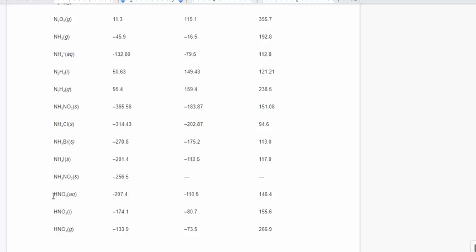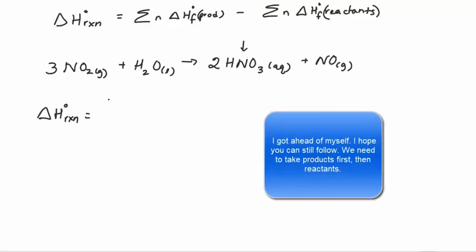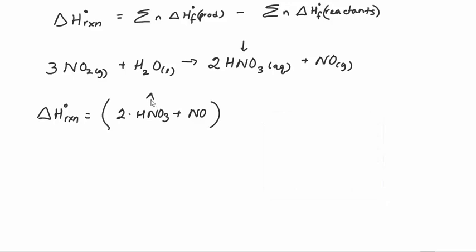The delta H, or the H of formation, which is in the first numerical column on this particular form, is negative 207.4. So what I'm doing is looking for the HNO3, and I'm going to add that to the NO. These are my delta H of formations. Then I'm going to subtract. Again, delta H of formation.